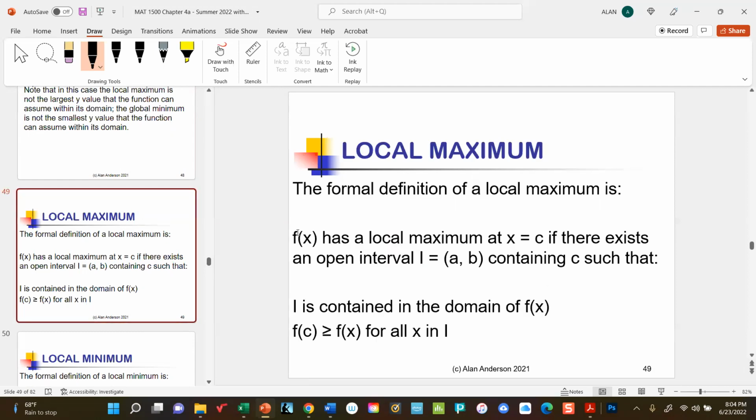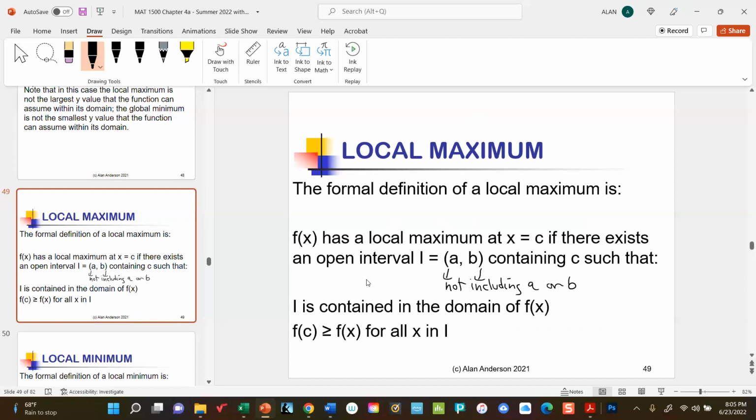So here we go. The language may seem a little challenging, but f of x has a local maximum at x equals point c if there exists an open interval. Now, the words open interval mean that it does not include a or b. The round parentheses indicate that this does not include a or b.